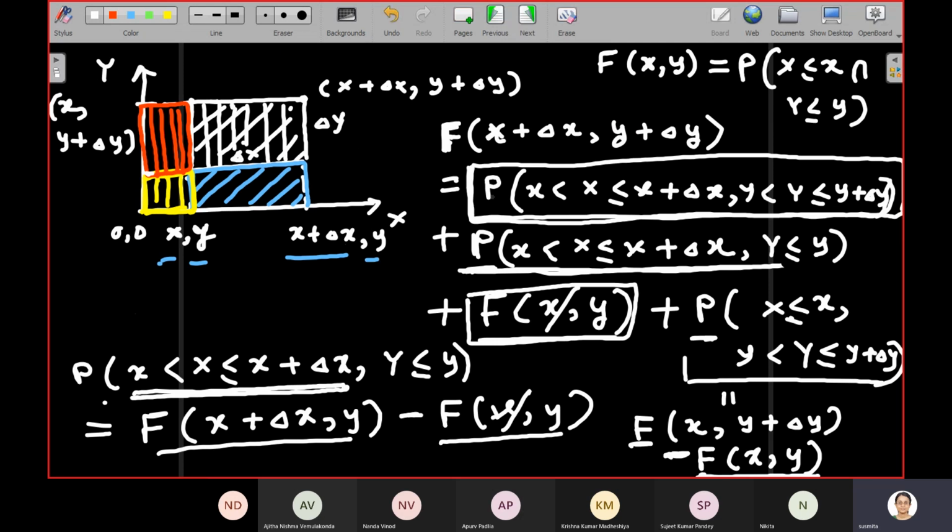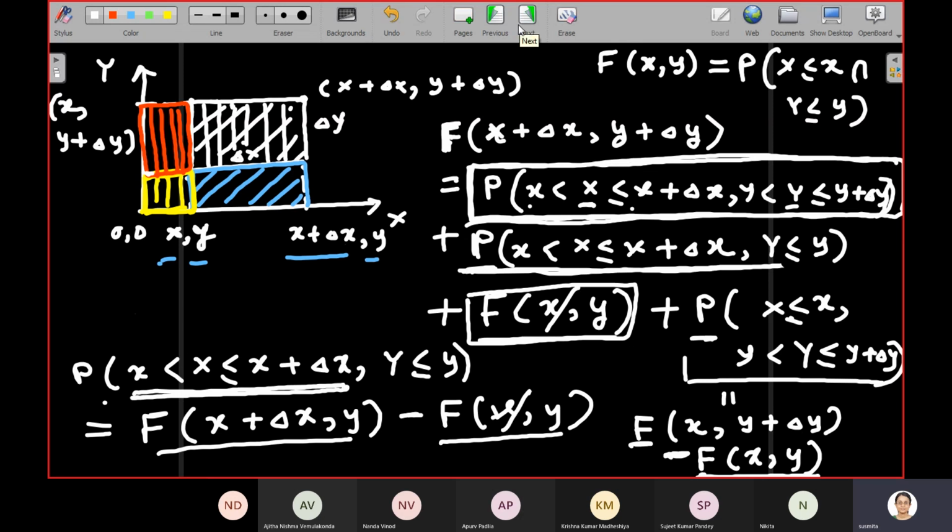Now let's concentrate on this term. This is the probability that x is between small x and small x plus delta x, y is between small y and y plus delta y.